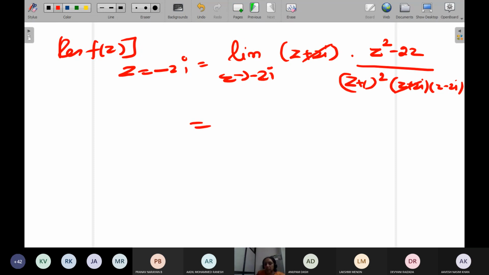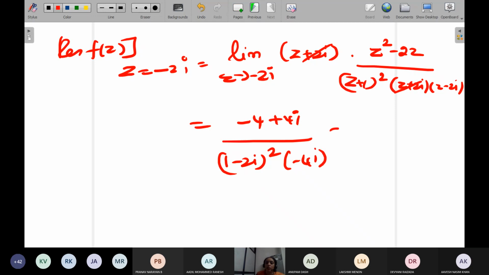I'll apply directly here. Minus 2i the whole square will give you minus 4. Minus 2i minus 2 will give you plus 4i, divided by z plus 1 the whole square, so you'll get 1 minus 2i the whole square, into minus 2i, which will become minus 4i.